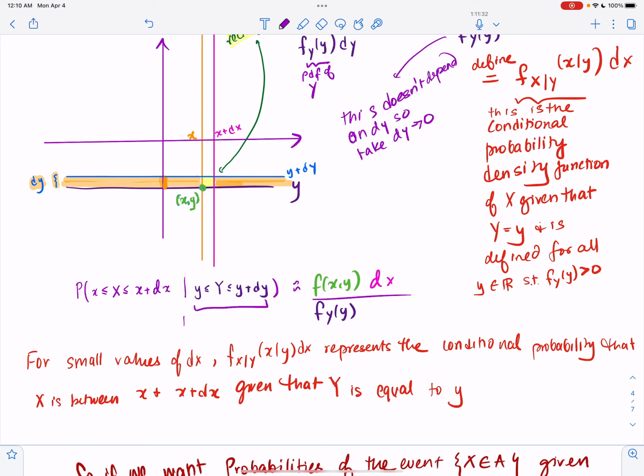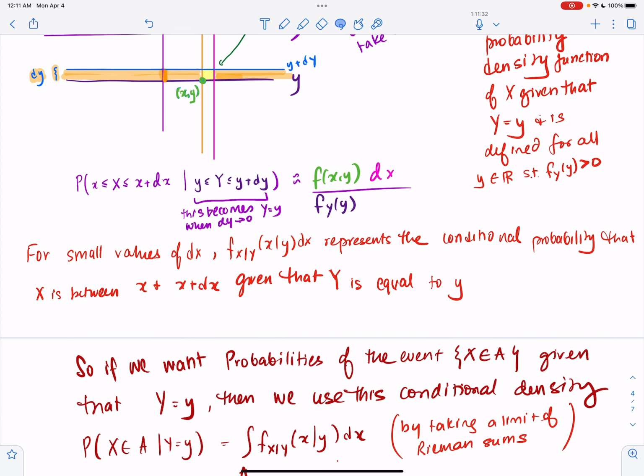This becomes y equals y when dy goes to 0. Okay, so that gives you the probability x is between x and x plus dx, given that y equals y, is given by this.